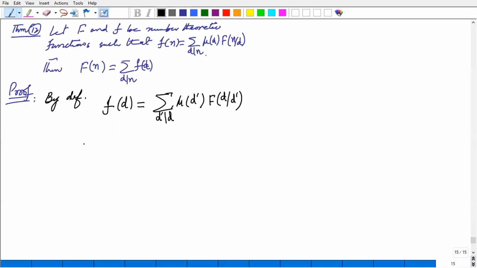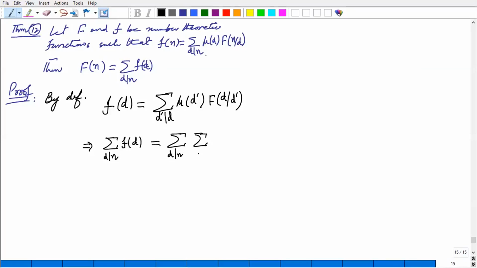Okay. Now take the sum that runs over the divisors of n. So d runs over the divisors of n. F(d) equals the sum that runs over the divisors of n.